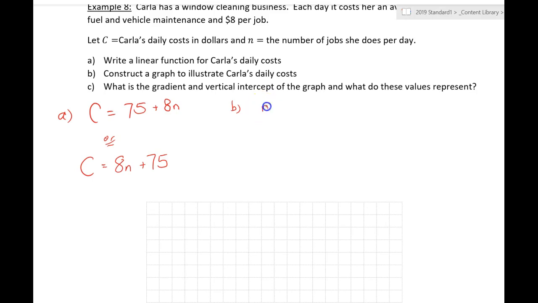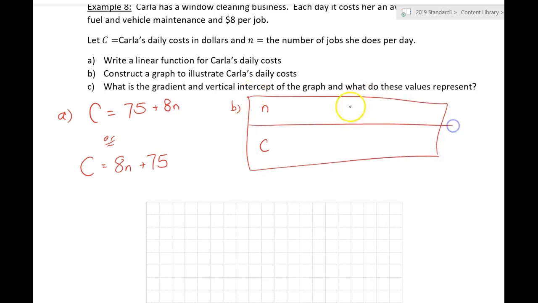So we're going to have a table of values with N at the top and C underneath, because we use N to calculate C. So how many of these do you reckon we want? 0, 1, 2, 3, 4. That okay, Lewis? Right, let's try this out. Okay, so let's go for N equals 0, 1, 2, 3, and 4.